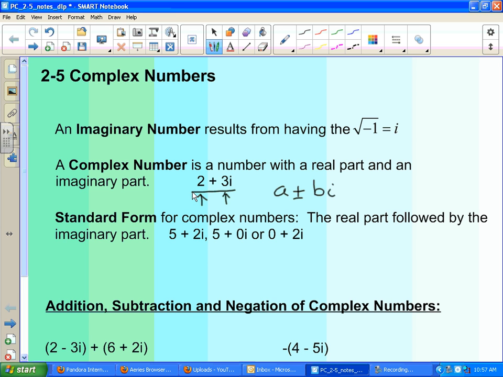We don't like imaginaries hanging out in the denominator, just like we don't like square roots or cube roots or any other kind of root there. So we rationalize them, and with complex numbers, we do it through what's called a conjugate. Do you guys remember? Does that sound familiar, conjugate? Yeah, conjugates, we're going to use those.